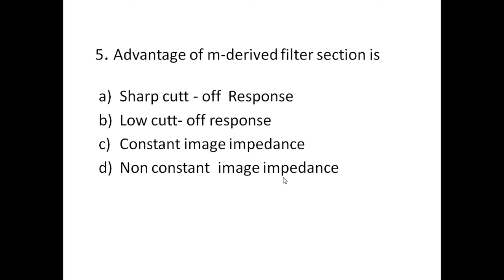One is that they avoided the non-constant image impedance problem and brought in constant image impedance. But apart from that, one of the drawbacks is low cutoff response. So the advantage of m-derived filter section is sharp cutoff response. This is the main advantage, so the answer is sharp cutoff response.